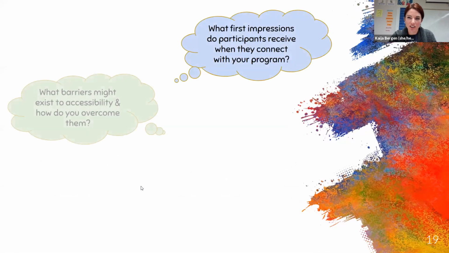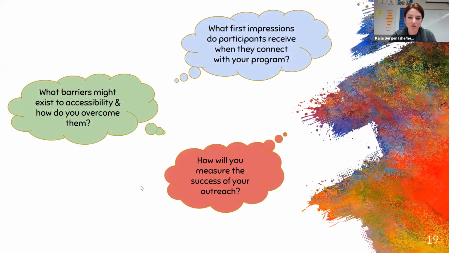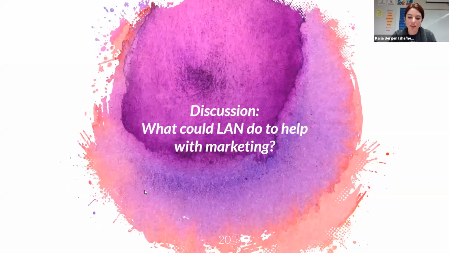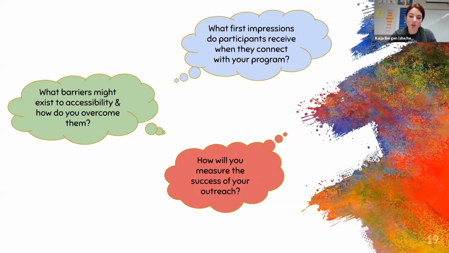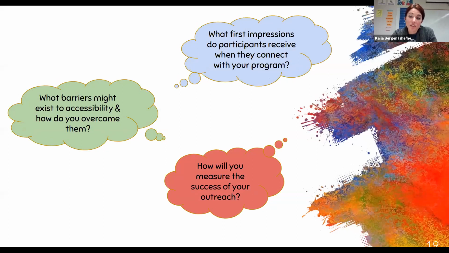So let's see, I'll just take us down to, for the sake of time, this discussion. So we're going to ask you to give feedback. And in addition to that, we have a Padlet, and I'm going to put the link in the chat for everyone right now. The Padlet specifically is a question that we'd like to ask you as members of LAN.